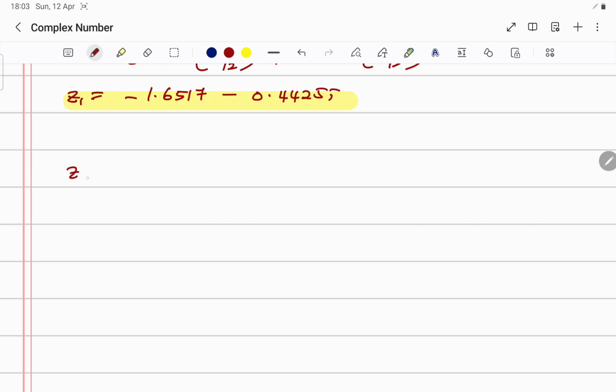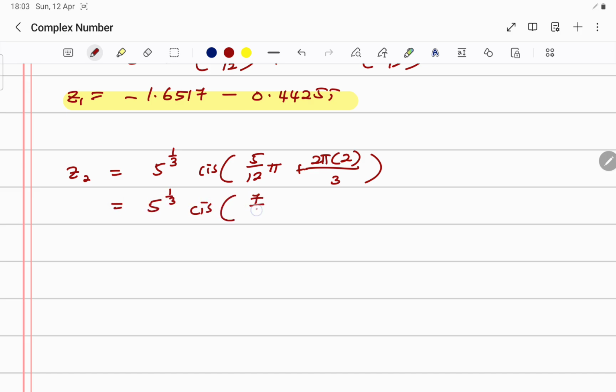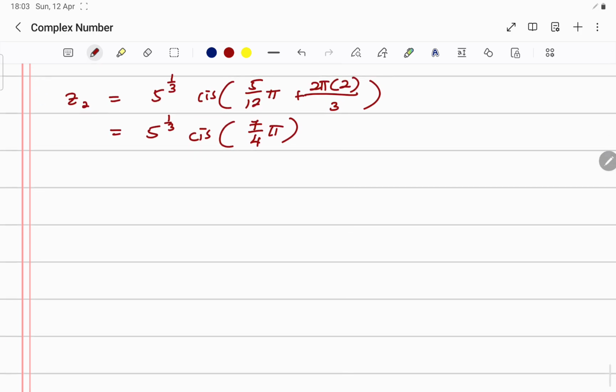So now we will find the third root, which is z2. So we have 5^(1/3) cis 5 over 12 pi plus 2 pi multiplied by 2 divided by 3. So you will end up getting cis 7 over 4 pi. So from here, convert into the cos and sine form: cos 7 over 4 pi plus i sine 7 over 4 pi.